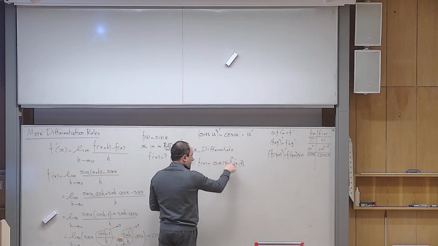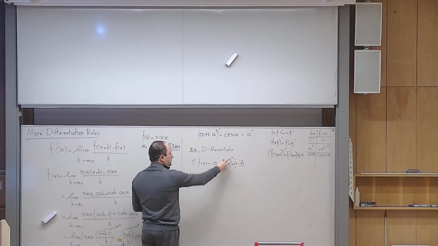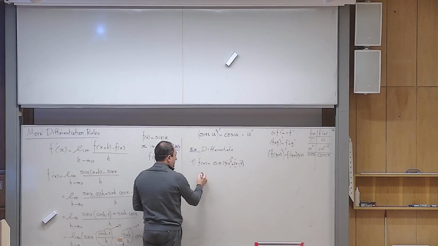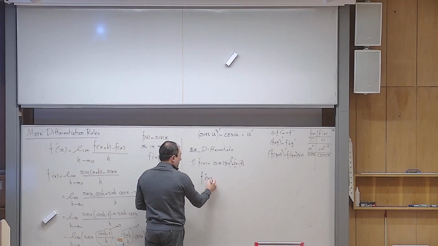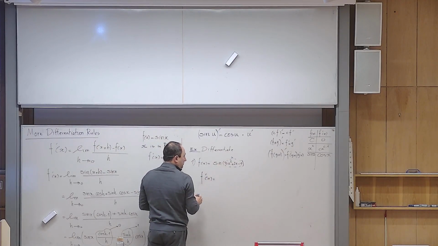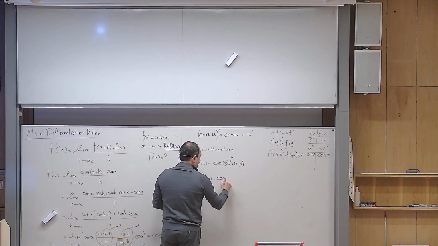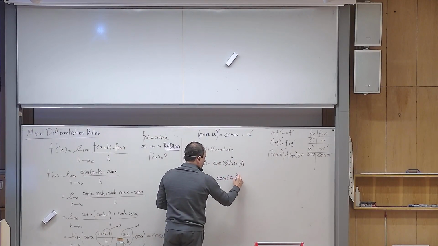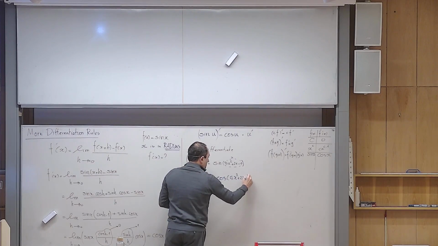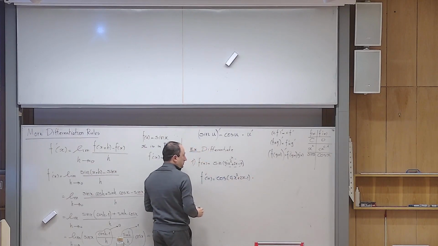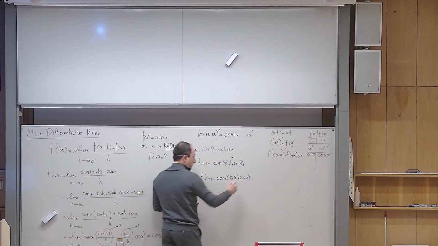Give the role of u to this expression in your head, then you will have sine u. If I ask you for the derivative, it becomes cosine of u. Be careful, if you stop here, it's not complete, but multiplied by u prime.